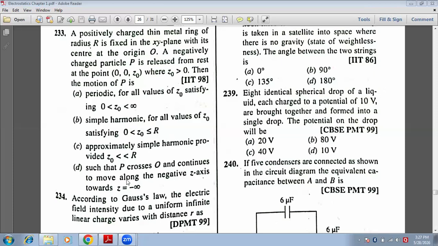Correct answers, option A, periodic for all values of Z0 satisfying 0 less than Z0 less than infinity, and option C, approximately simple harmonic provided Z0 much less than R.